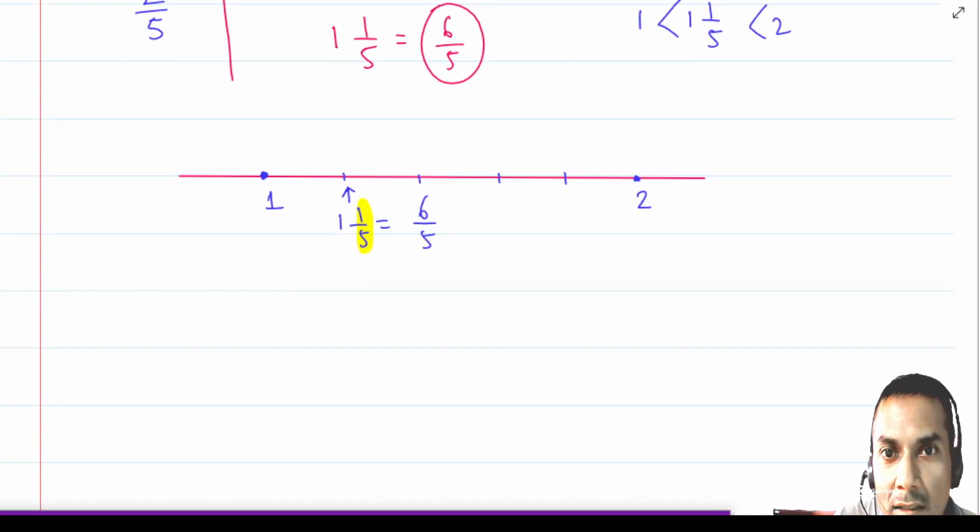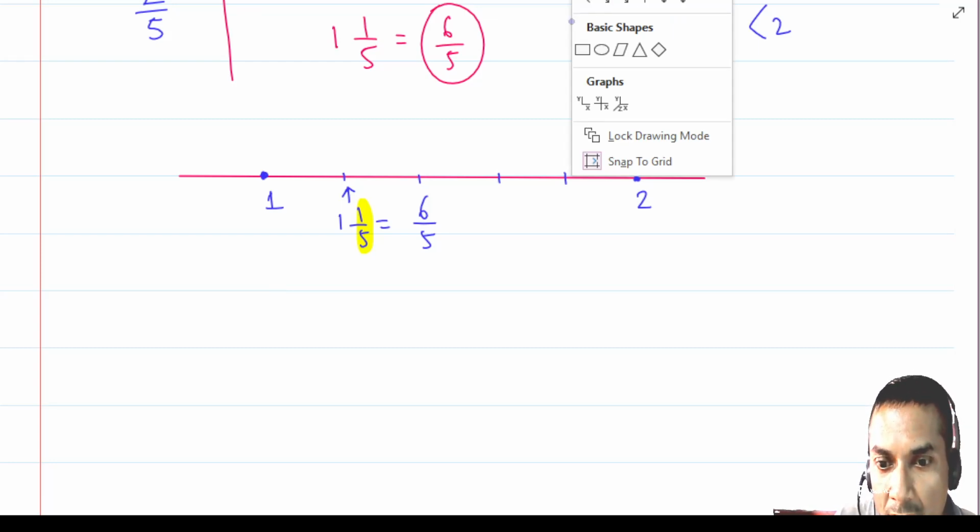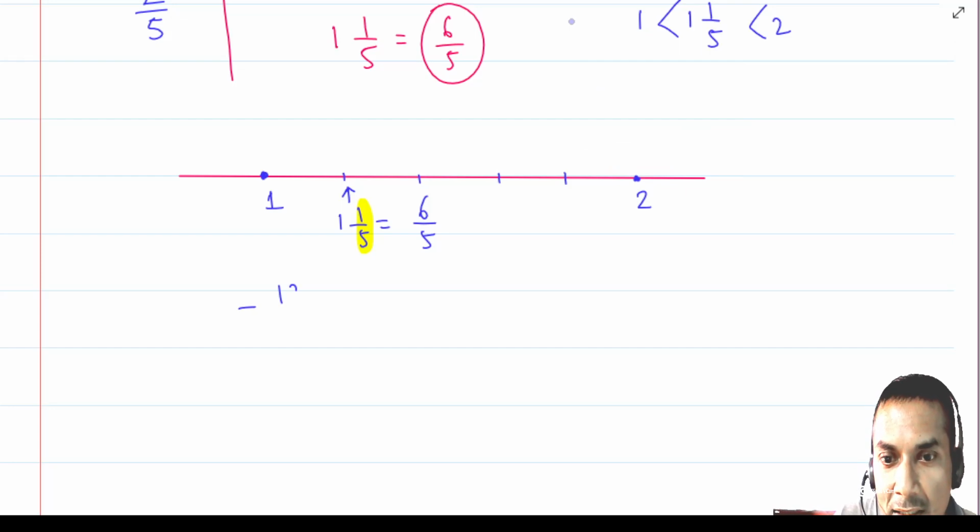Now we learn how to represent the negative rational number on the number line. So first, for example, if we consider minus 13 by 5, we have to represent this number on the number line.